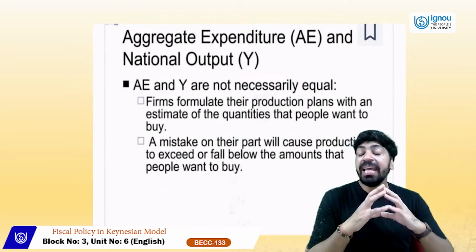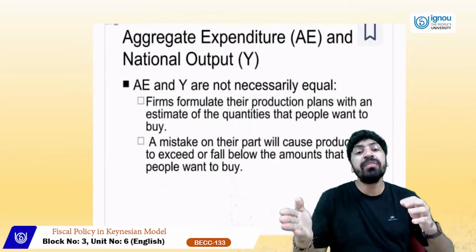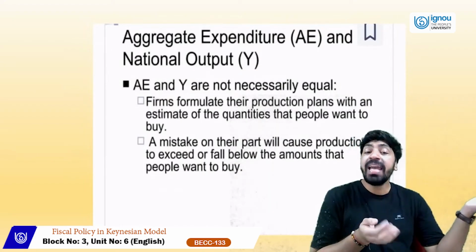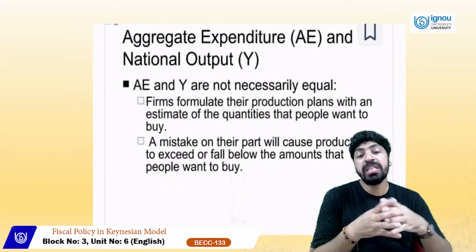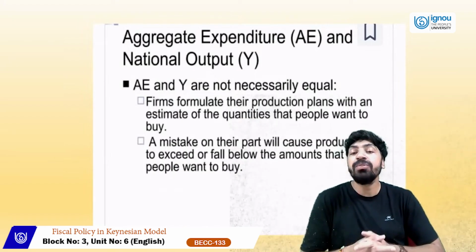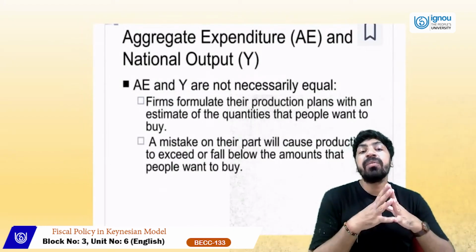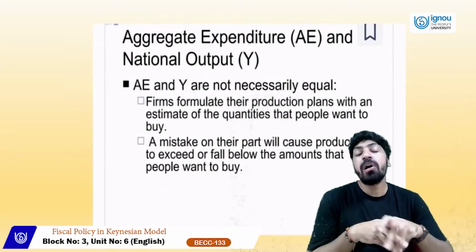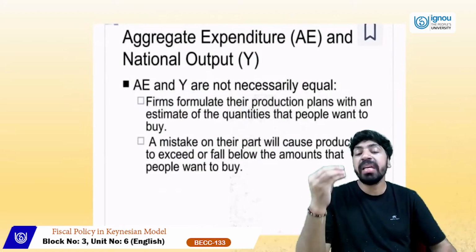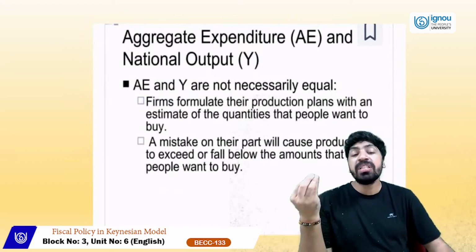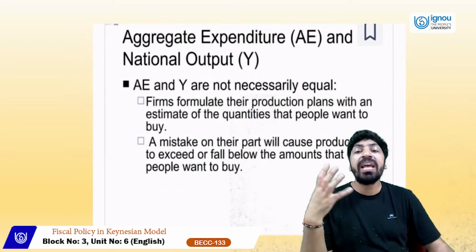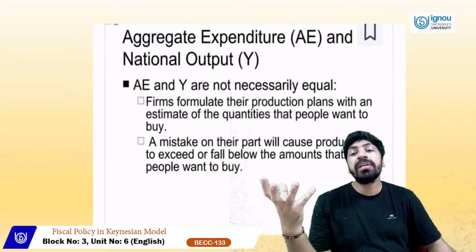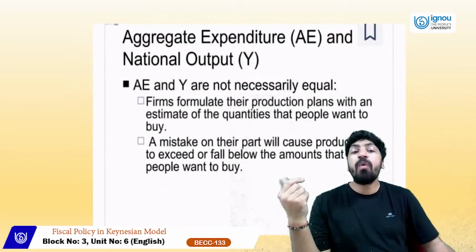If there is any error or mistake on the part of the firms while planning the production process, whether it exceeds or falls below the amount estimated that people want to buy, then ultimately the national output will exceed or fall because of the error or mistake made by the firms while planning production or the total quantities that people want to buy.